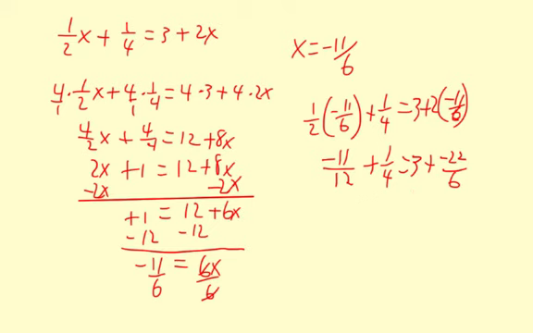Okay, so this is getting to be kind of ugly here. So I'm going to multiply by 12, which is the lowest common denominator, to eliminate the fractions. So I'll multiply through by 12.